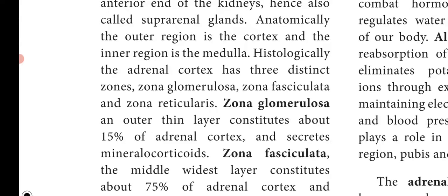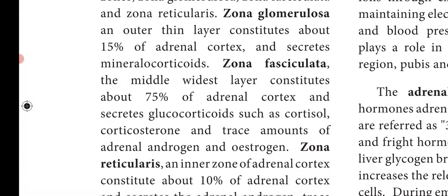The middle layer, zona fasciculata, is the middle widest layer which constitutes about 75% of the adrenal cortex and it secretes glucocorticoids such as cortisol, corticosterone and trace amounts of adrenal androgen and estrogen.